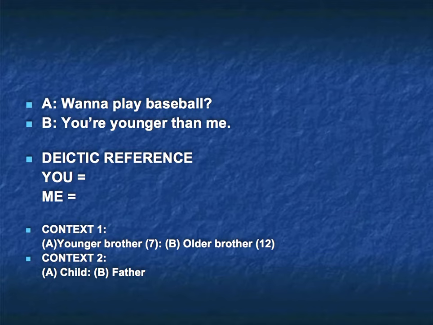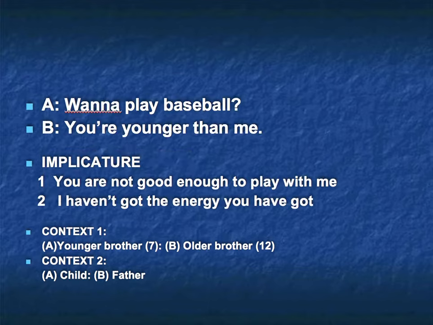And then if we change the social relationships and it's a child to a father, for example, "You're younger than me" gets another sense of young, that is more energetic. So this is a refusal based on the fact that I just don't have the energy to keep up with you. Notice that the implicature of the refusal is the same, but the actual details of it are different according to the social relationships.